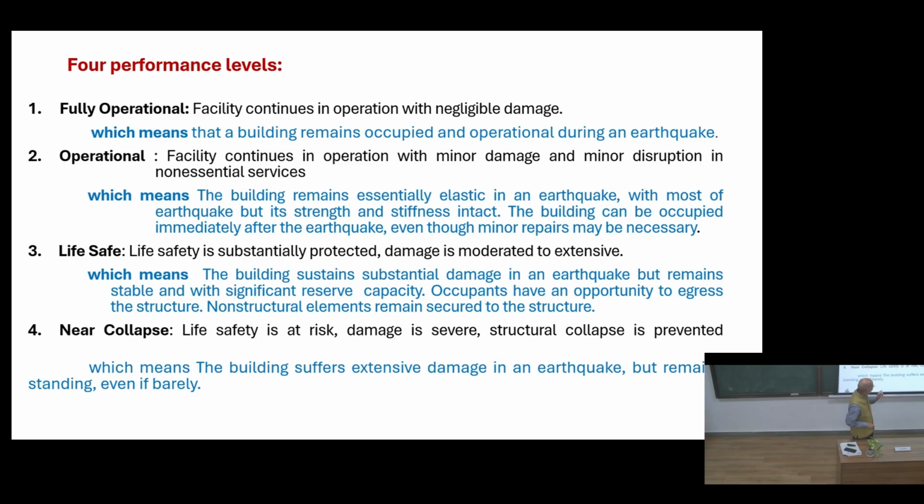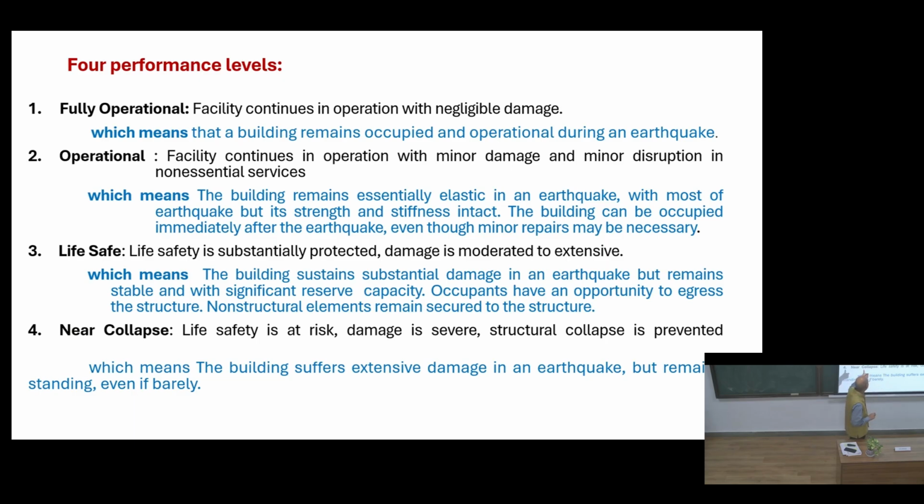Okay? Occupants have an opportunity to exit the structure. They can easily go outside and they can use the structure. Non-structural elements remain secure to the structure. That's what we say, non-structural elements. They should not fall. Wherever the placement is, they should remain intact in their place. Okay?